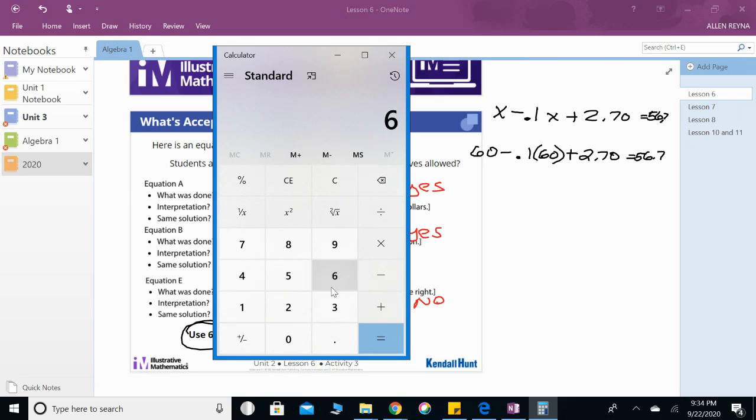Do we have parentheses here? Doesn't look like we do, so we have to do the multiplication first. 0.1 times 60 is 6.